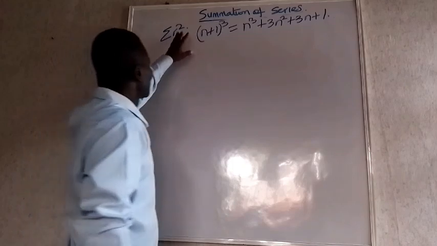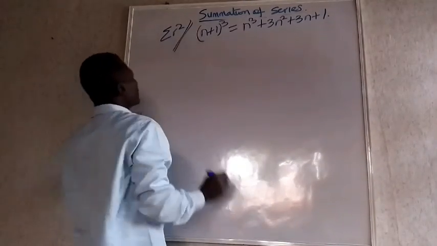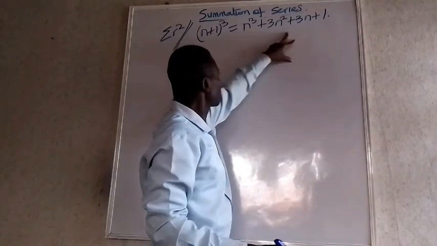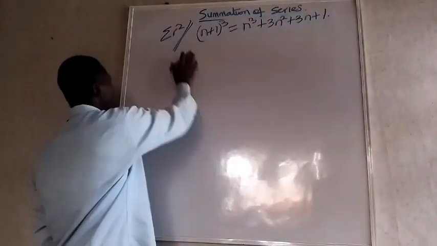So let's start with n plus 1 cubed, and that's going to give us this. Now let's do the working.